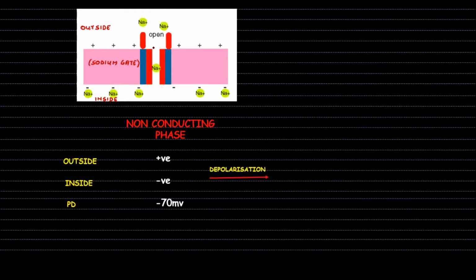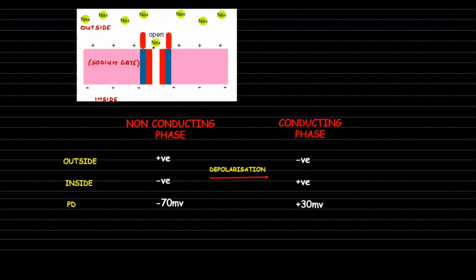The moment the neuron gets a message, its sodium gate opens up, sodium starts coming in, which we call depolarization. Because sodium is coming in, now outside becomes negative and inside becomes positive. A potential of 30 millivolt is achieved.